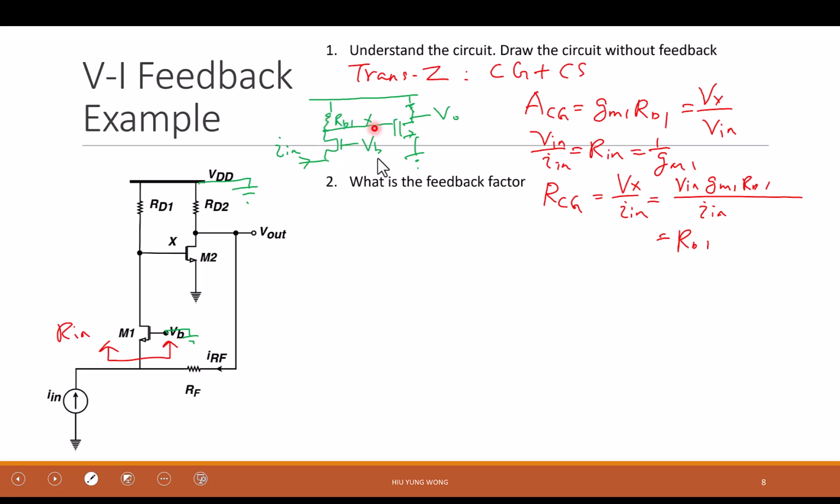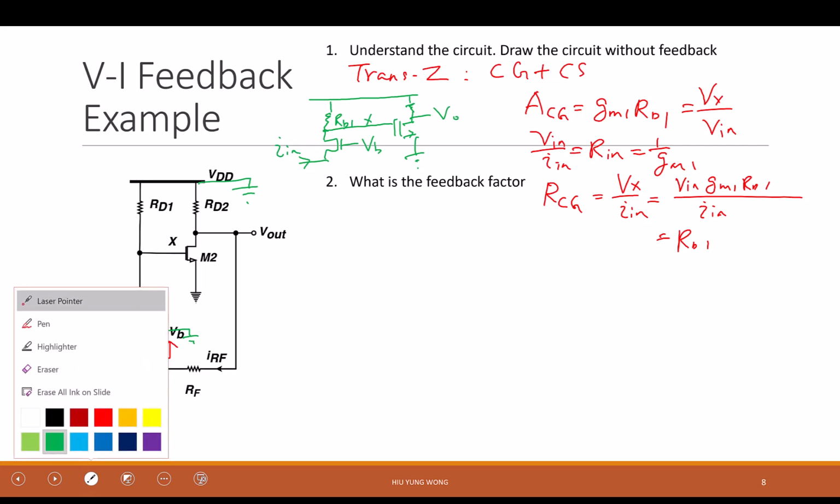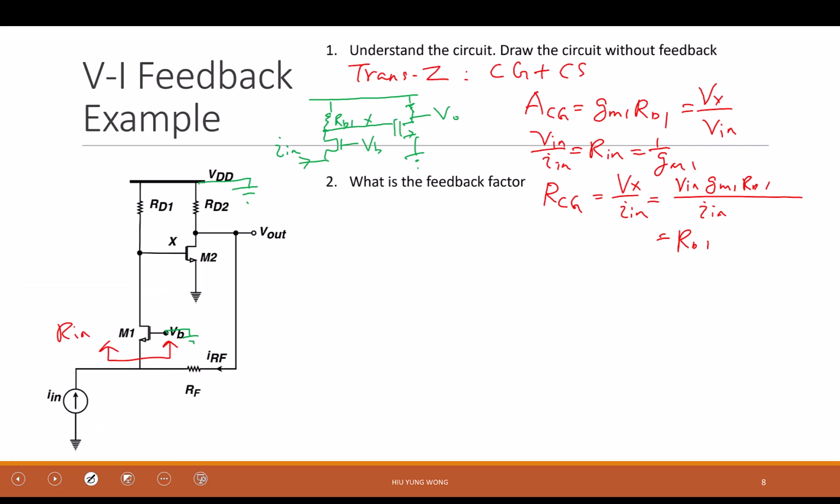And then what is the change of the voltage due to this change of the current? It must be RD1 times I in. So another way of learning, I can call this method 1. I also can have method 2.